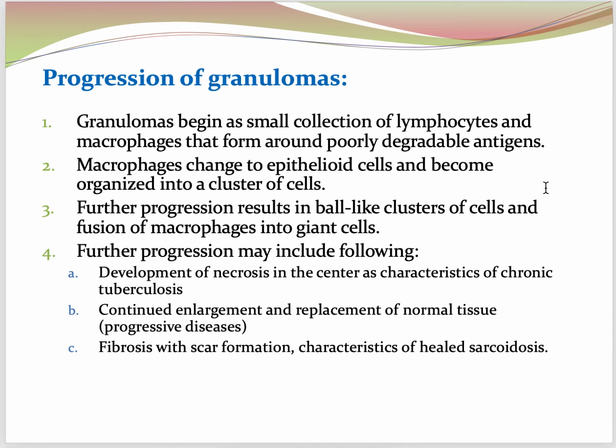Then the macrophages change to epithelioid cells and become organized into a cluster of cells. Until this, the granuloma is formed. Then further progression can occur, resulting in ball-like clusters of cells and fusion of macrophages into giant cells.